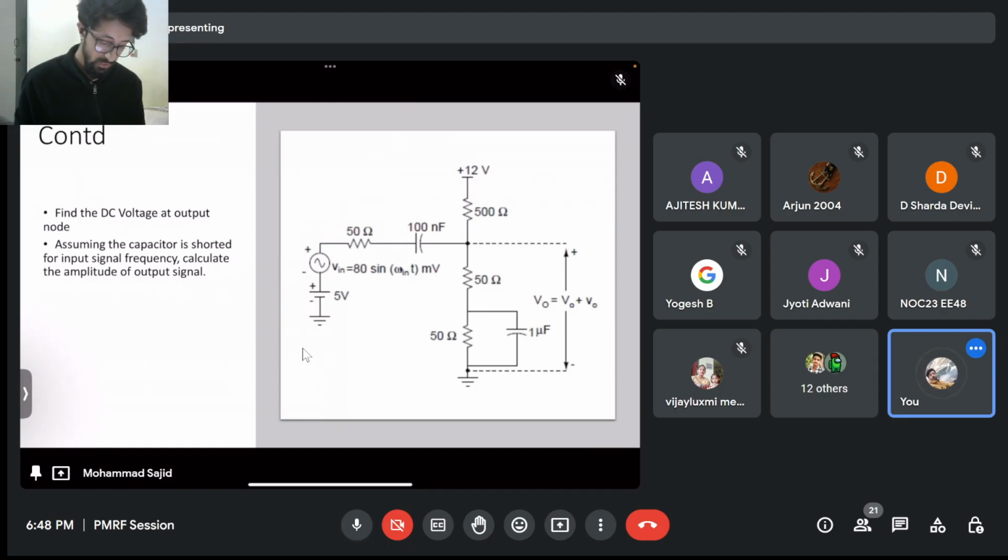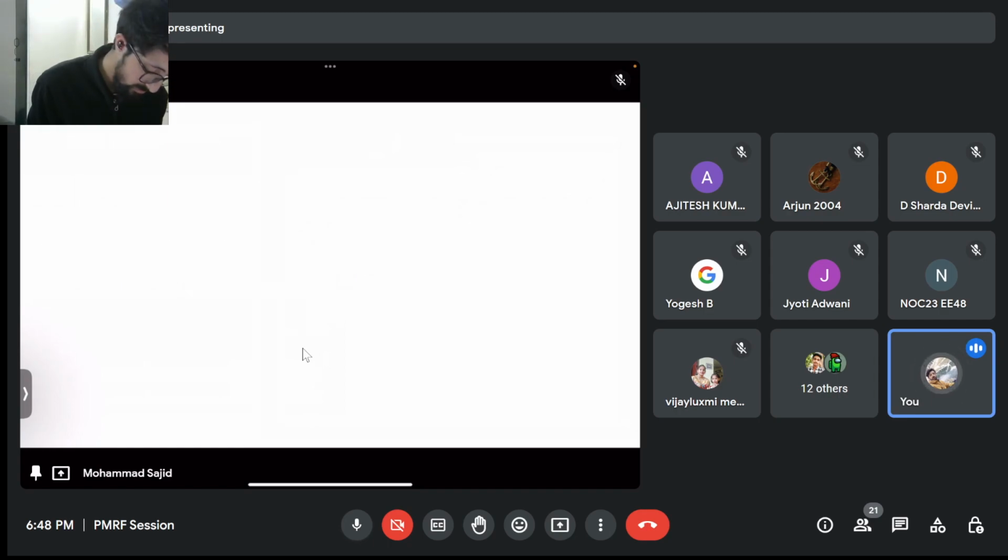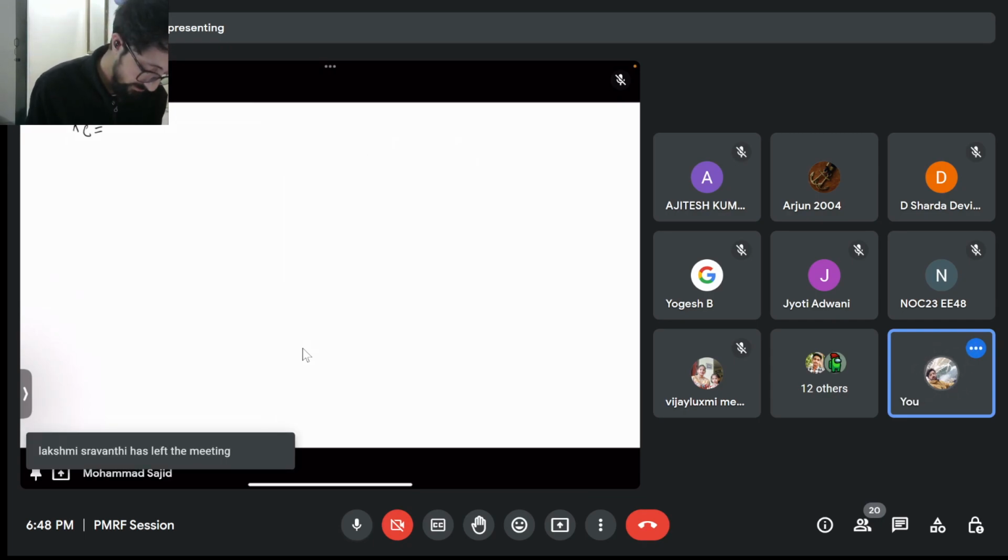So how is the reactance of this capacitor given? Anybody knows the formula? 1 upon j omega C, right? Yes, sir. The magnitude is given as 1 by omega C, right?